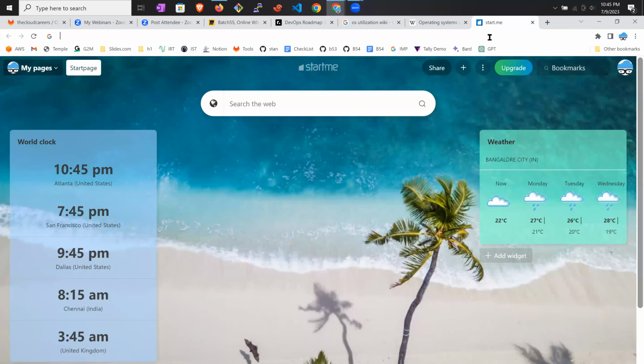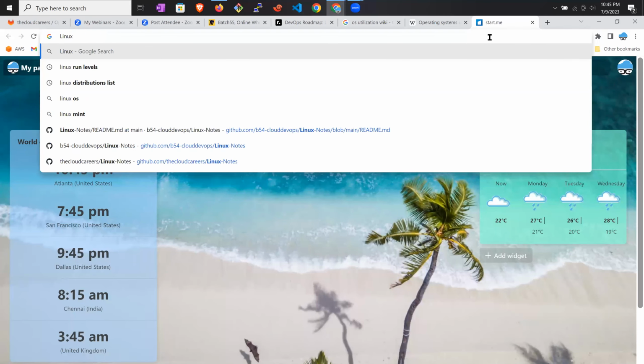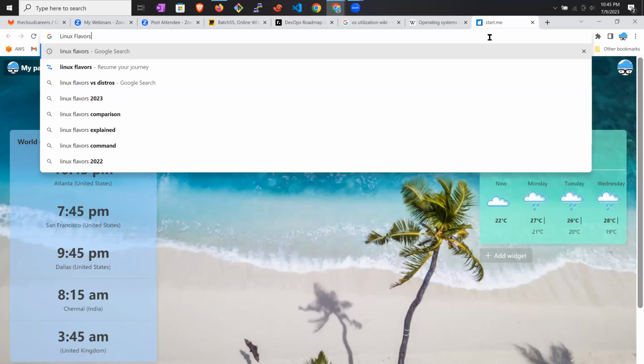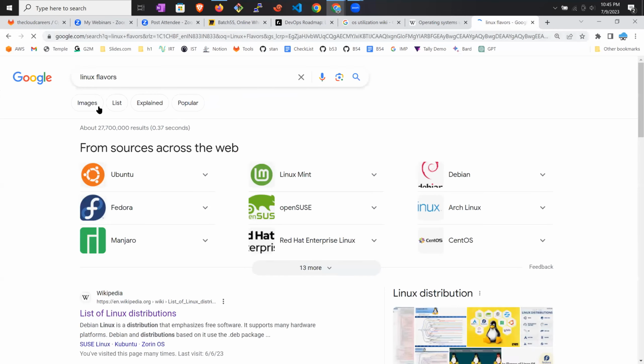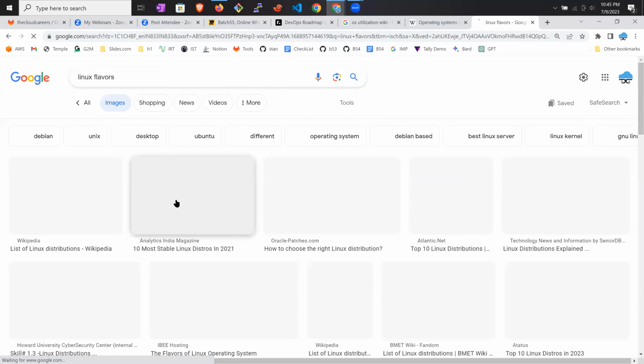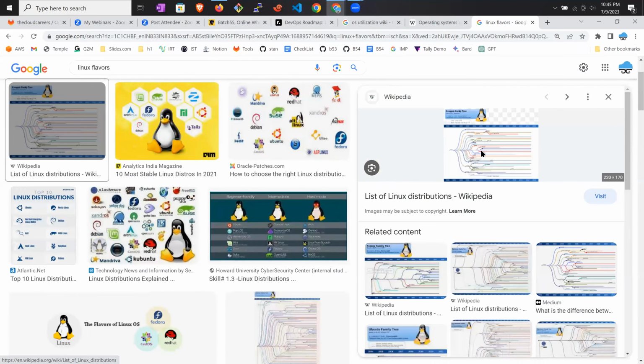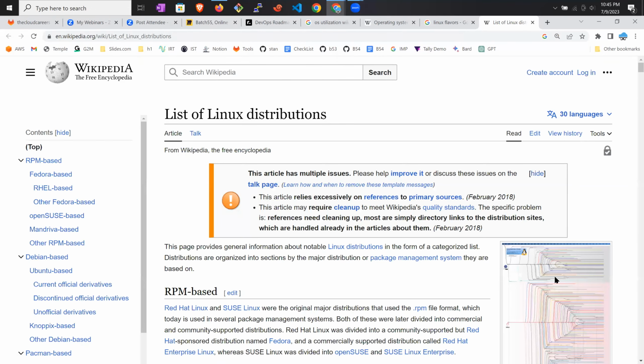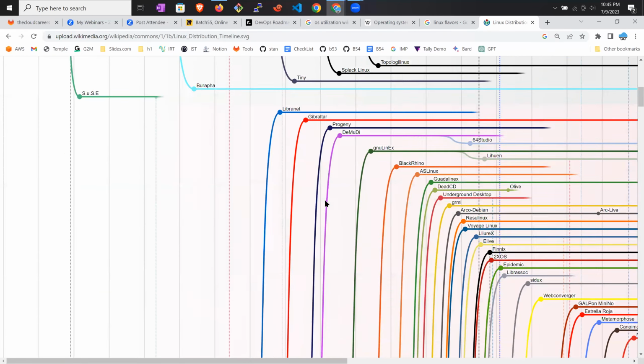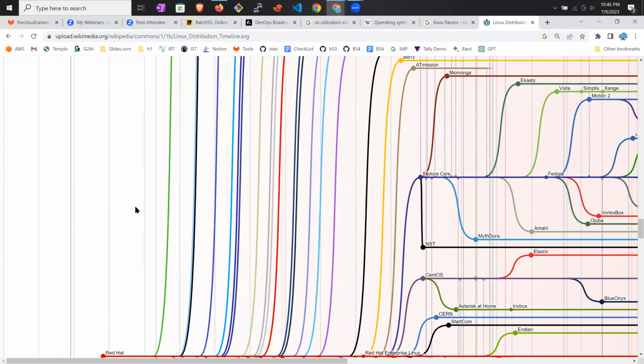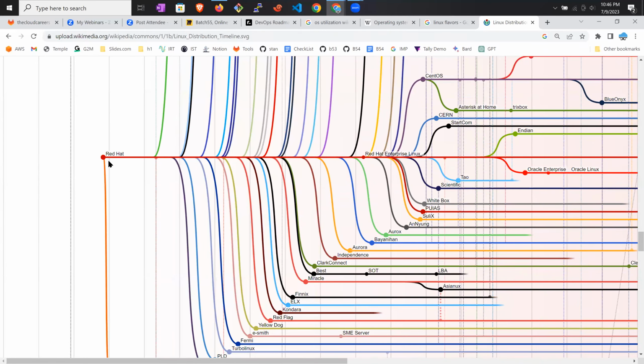Linux flavors. Go to the images. So this is a very famous image from Wikipedia. Click on this. Now, if you see this, it is Debian or it is from Red Hat, which means Red Hat initiated this Linux project.